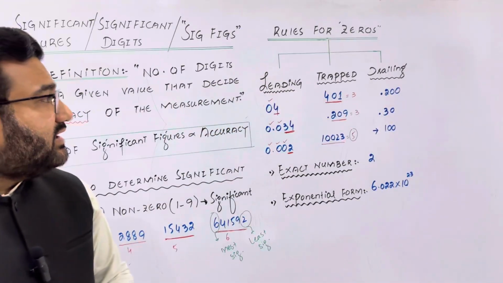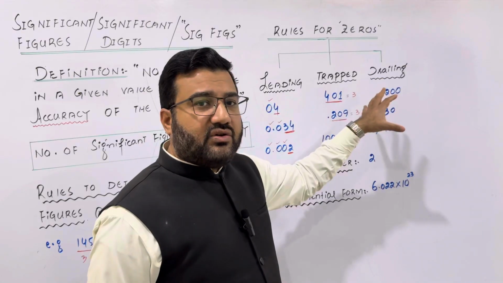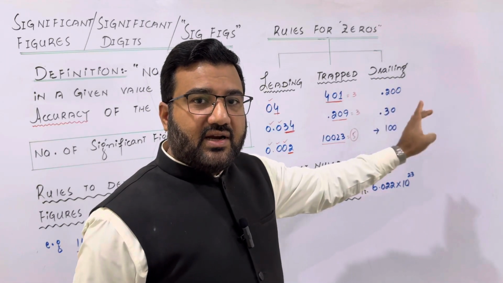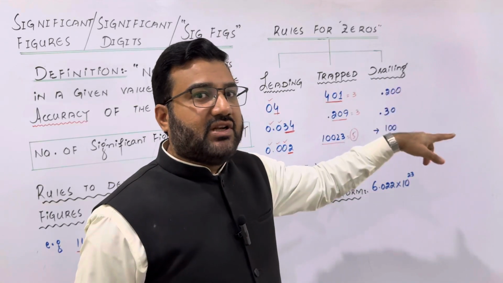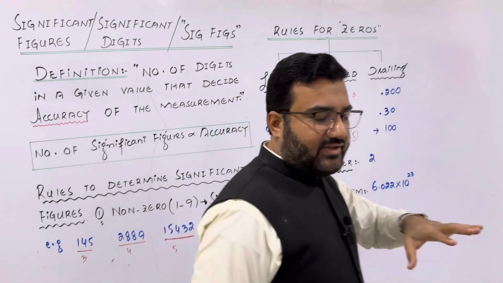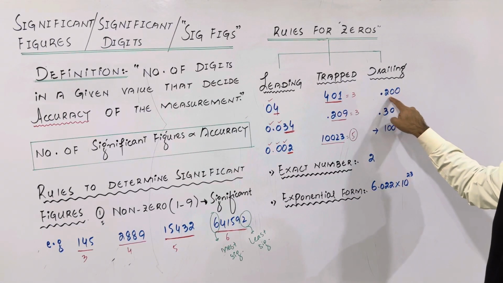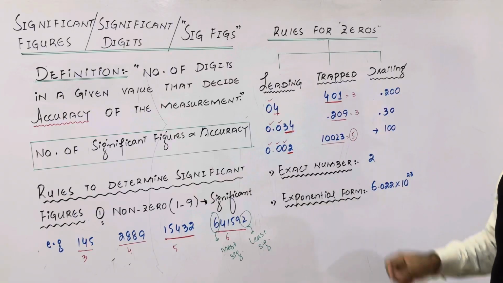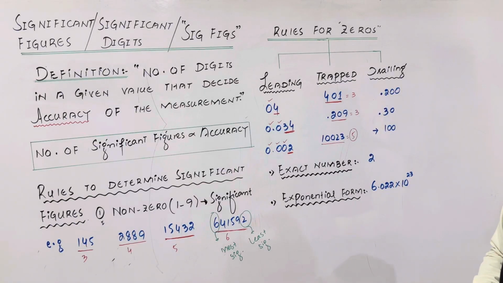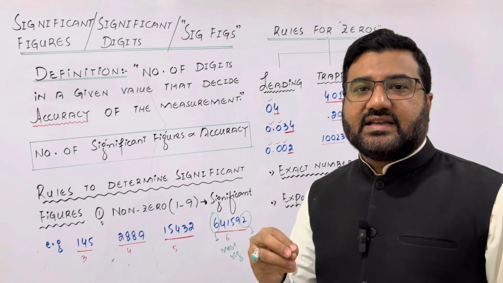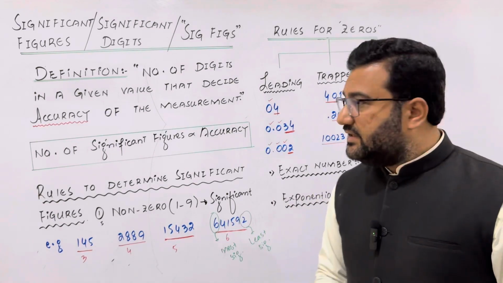Now the last one is the trailing zeros. The trailing zeros are the zeros which are present to the right of a non-zero number and also to the right of the decimal point. And keep in mind that trailing zeros are also considered significant.